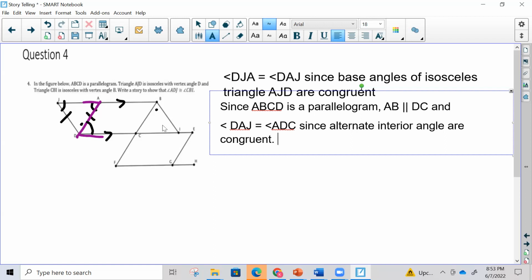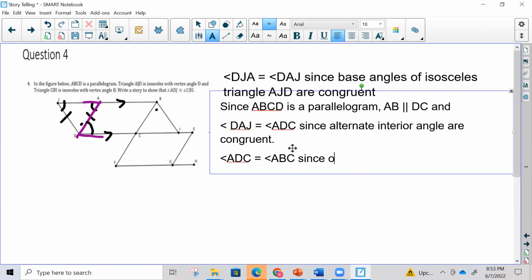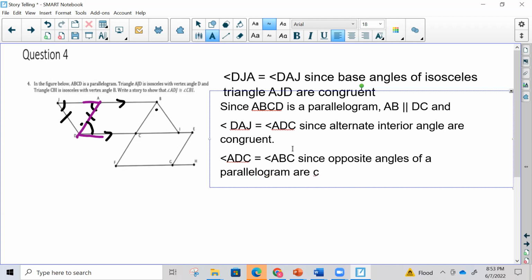And I still need to get over here. So I'm thinking, okay, what can I relate this angle to? Well, I know that angle ADC is equal to angle ABC since opposite angles of a parallelogram are congruent.